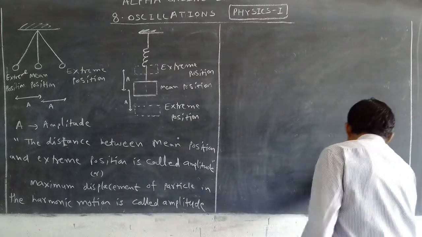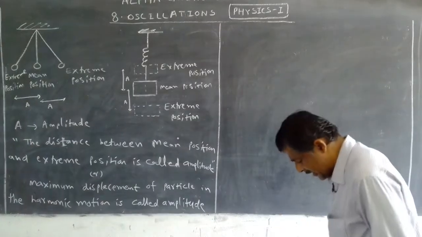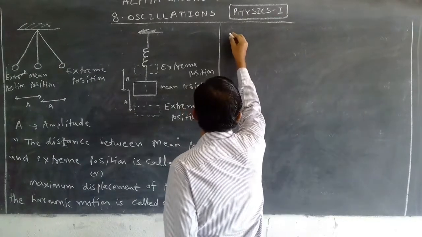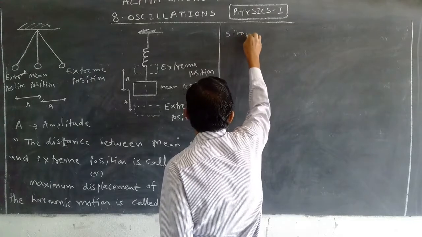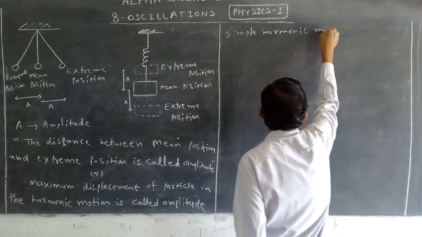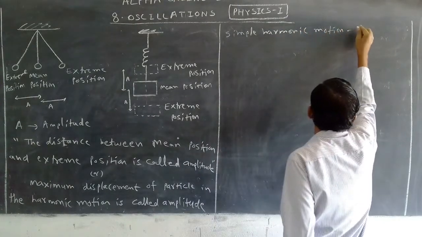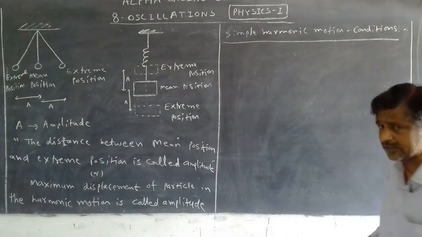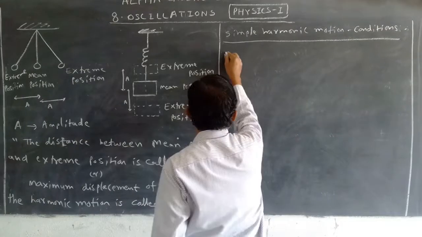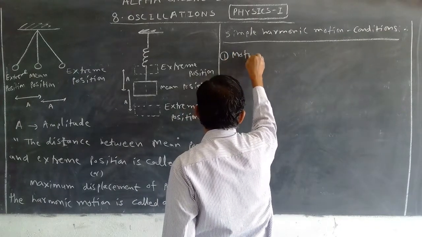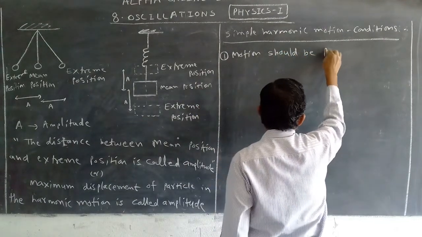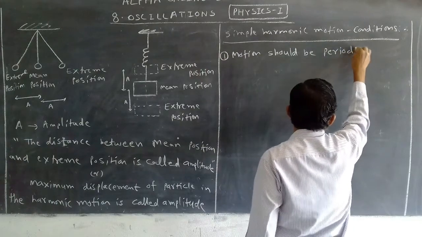Now, which is called a simple harmonic motion? When the object lies in the simple harmonic motion, it must have these conditions. Simple harmonic motion conditions. Now, what are the conditions? Number 1, motion should be periodic.